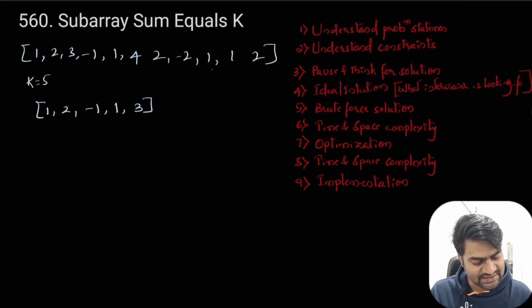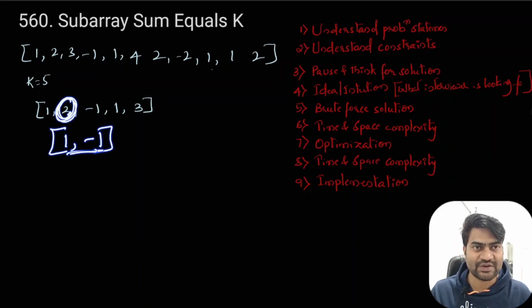But you cannot say 1 comma minus 1 is a subarray because it is missing this particular 2 in between. That's why it is not a subarray.